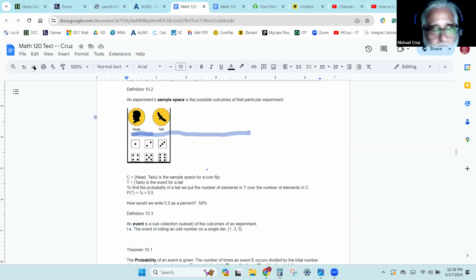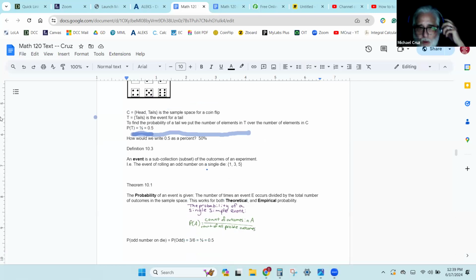So an event is just a subcollection of the outcomes of the experiment. So let's just say we wanted to look at only odds. There's 3 odd numbers there, 1, 3, and 5. So we define that subcollection so that we can then determine the probability, as we'll see in a second here.